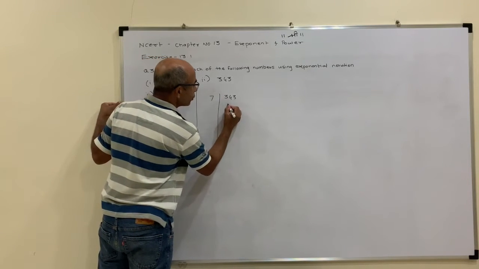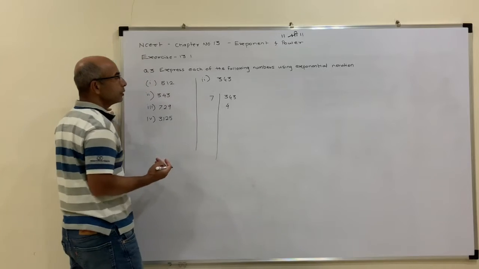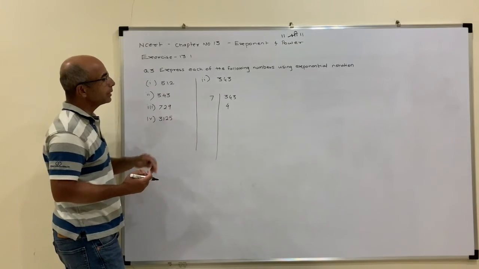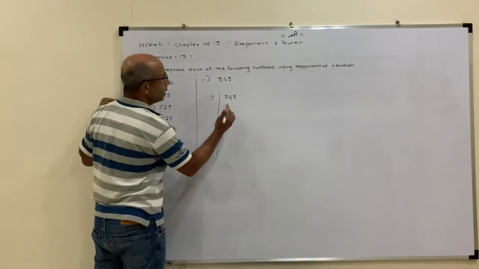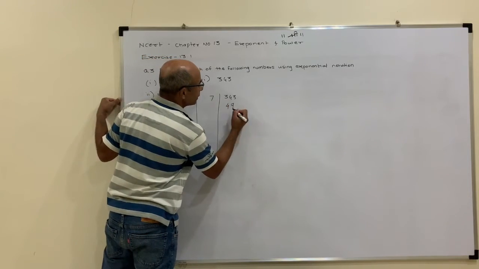Since 7 4s are 28, I will be having a 6 as a remainder with me, and then 7 9s are 63.